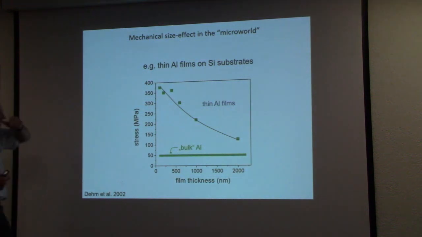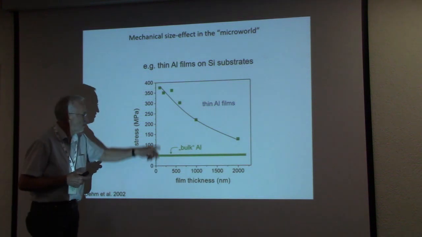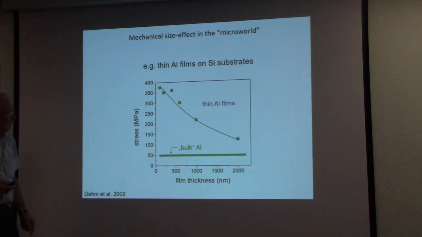It goes up to 400 megapascal when the film thickness becomes only about 50 nanometer, and can increase even further for thinner films.